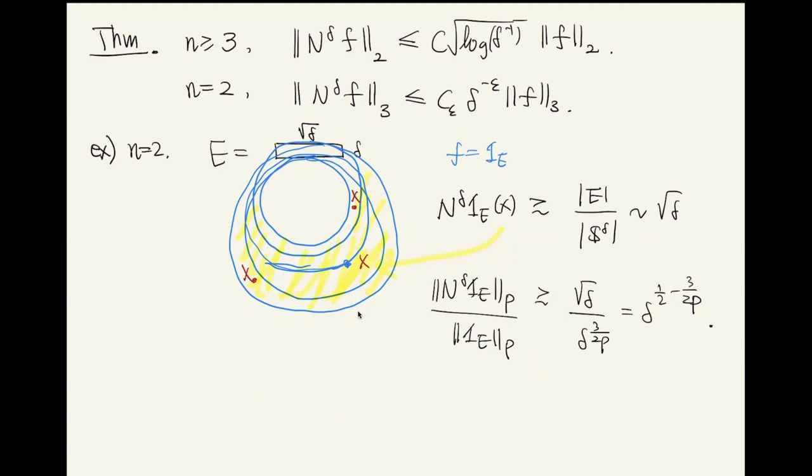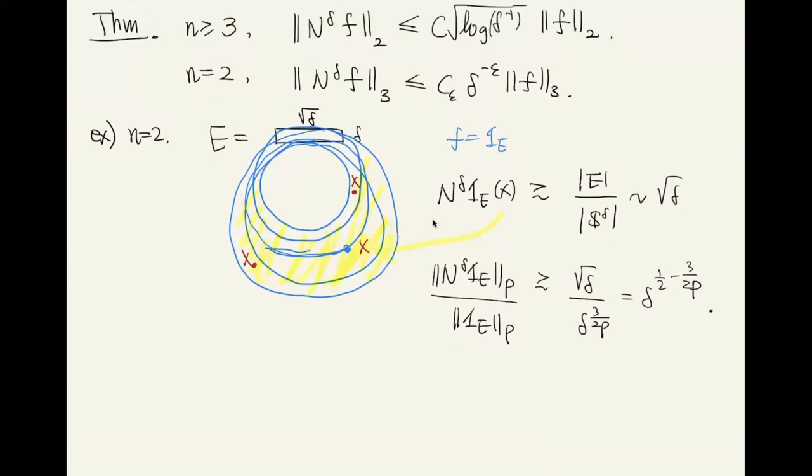And the proof of that last theorem uses this estimate regarding n delta. Yes, so in n bigger than or equal to 3, your Nikodym example sets are not working, right? You have to consider something else there.